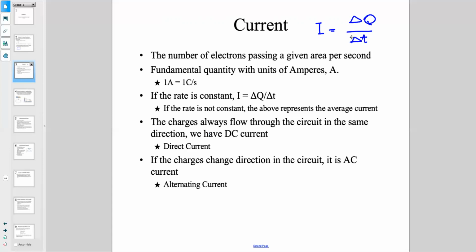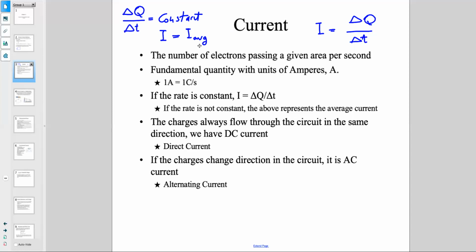If this rate is constant, then delta Q over delta T is a constant value. That means that I at each moment and I average are the same, because you have a constant rate of change. So its average and its instantaneous value should be the same.